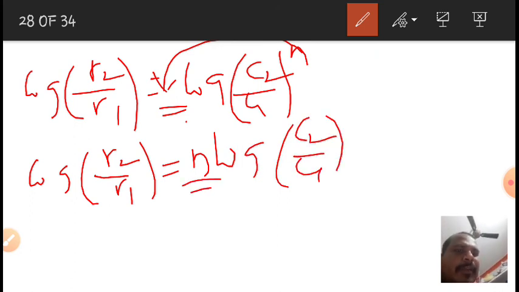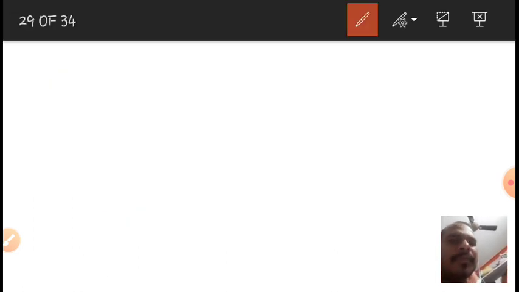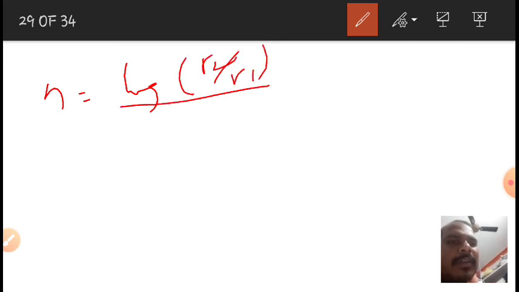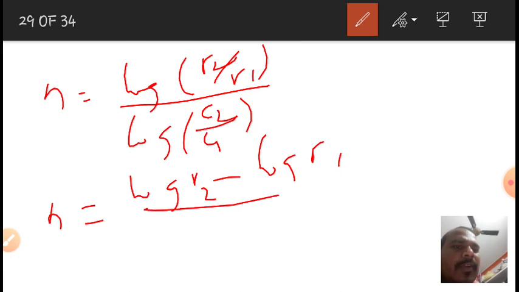I want this n value, so I move log C2 by C1 to the left side. Then n is equal to log of R2 by R1 divided by log of C2 by C1. We can also write this as n is equal to log R2 minus log R1 divided by log C2 minus log C1.